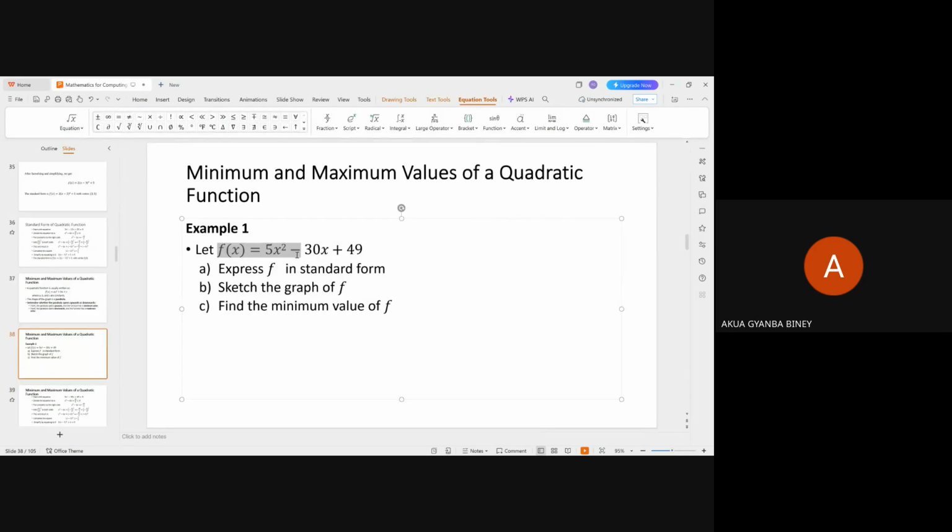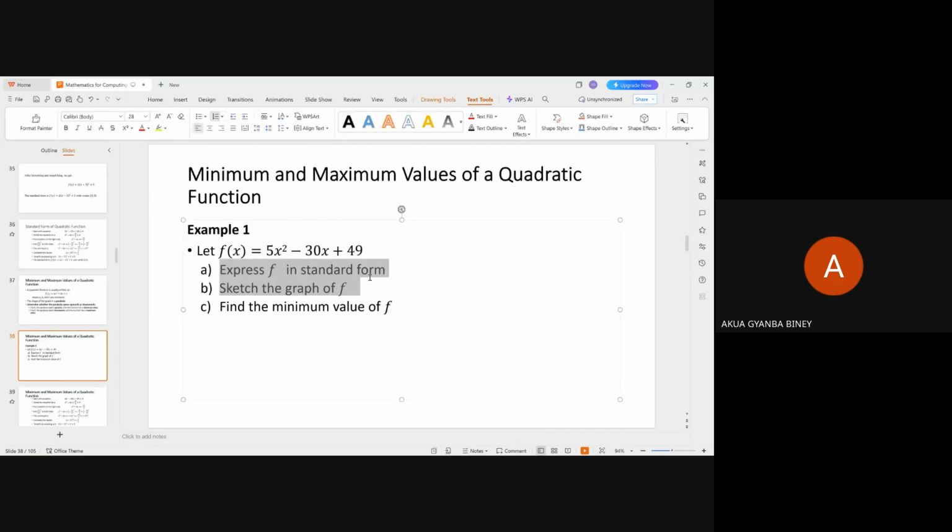A function is given, you'll be told to express it in standard form like we did. If the first method is okay for you, go by it. If the second that I taught you, you start with the equation, divide through by a, put the constant to the right, add b over 2 all squared to both sides, and then complete the square.